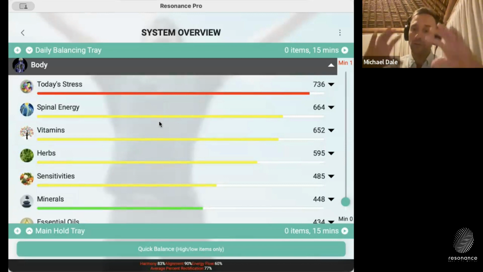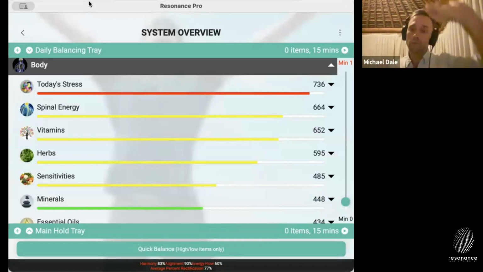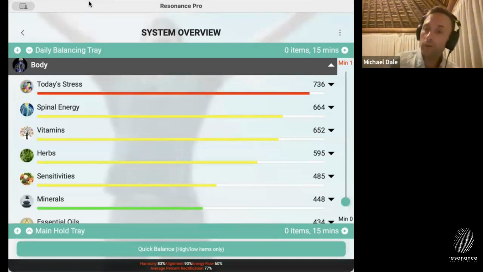It allows that natural healing and recovery and harmonizing effect on the human body to happen, so it helps facilitate that process. The specific diagnosis I'm going to be looking at today is spinal energy, because I have a muscle spasm in my erector spinae muscle in the T region of my spine.